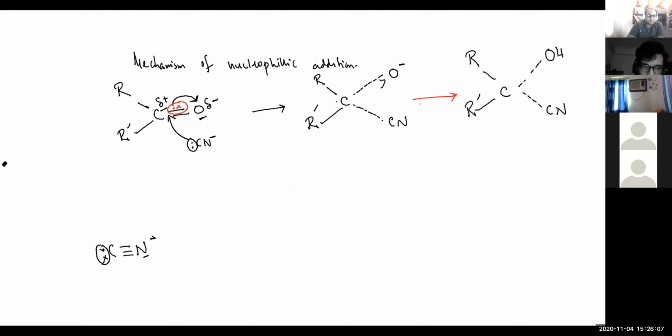But if this is 100%, this is just 5%. So there's an accumulation of sodium ion, which then reacts with the remaining cyanide ion, using up this cyanide.